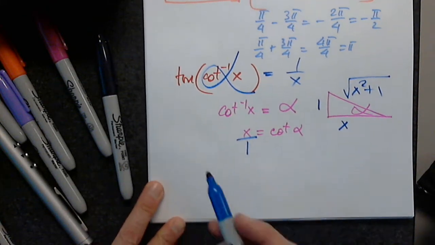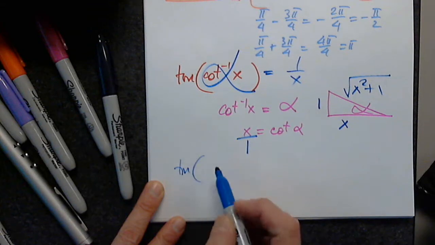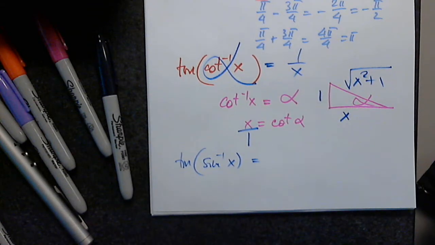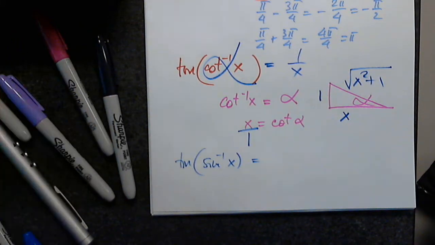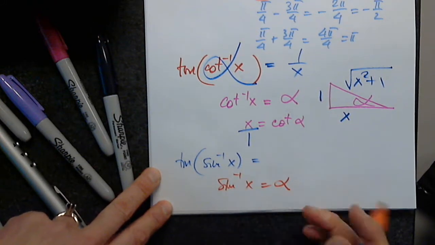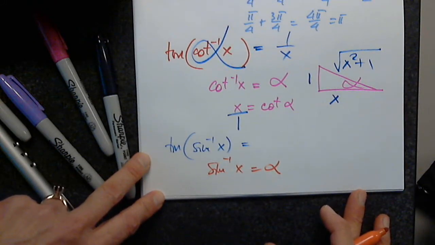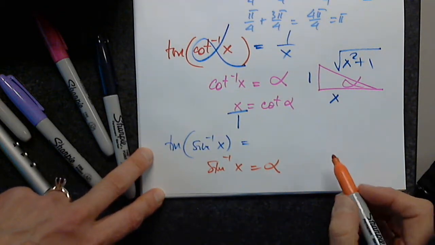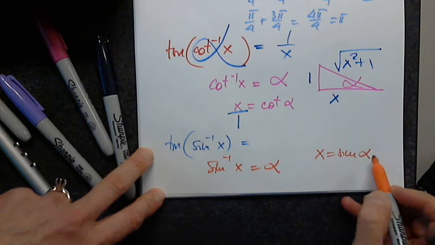Now we can change the problem and say tangent of sine inverse. So where do I start now? Yes, so then sine inverse x equals alpha. X equals, yes, x equals sine alpha.